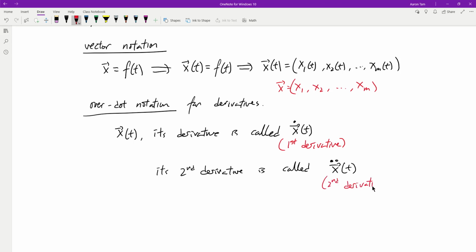So instead of using 2 primes, you now use 2 dots. Now you're probably thinking, what happens if it's the third derivative? Well, guess what? I did mention that this notation is more commonly used in physics. And in physics, you really don't care about anything higher than the second derivative. And I'll explain to you why, not today, but tomorrow.